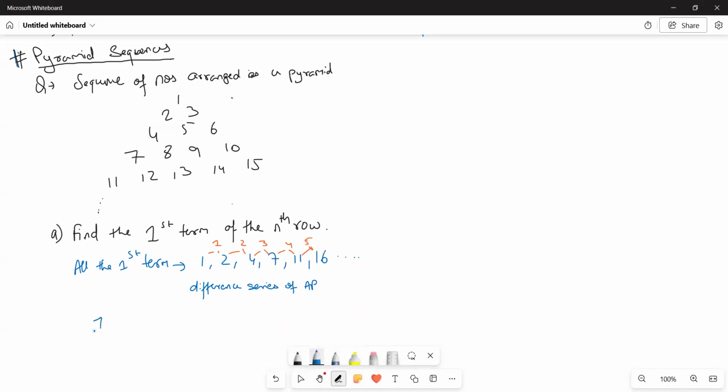So what can we say the first term of the nth row would be? Can we say that the first term of the nth row would be the nth term of the difference series? Is anyone able to follow this?